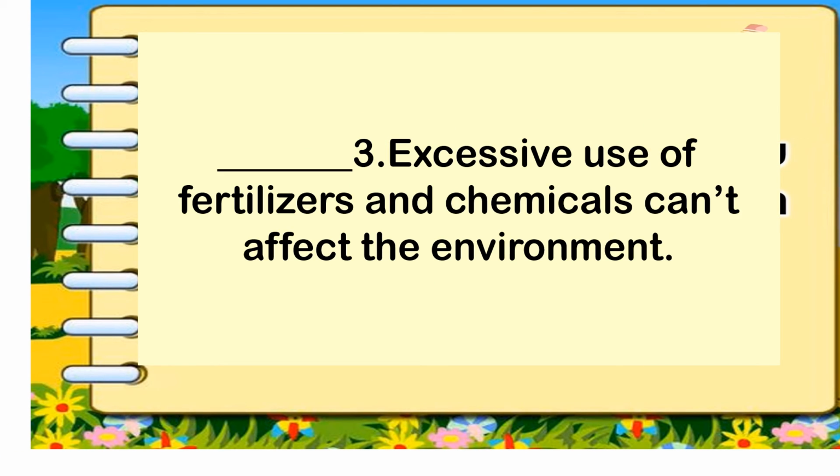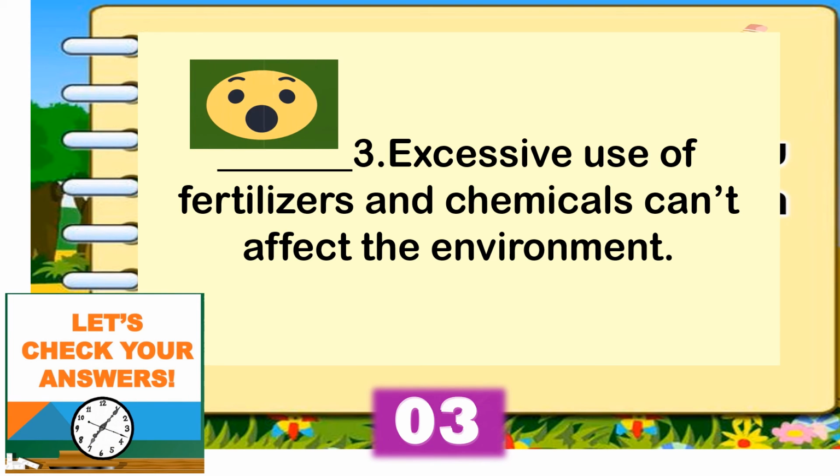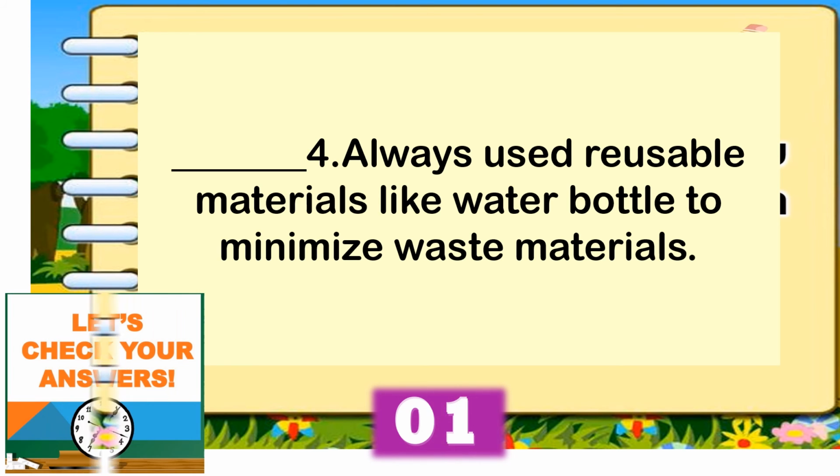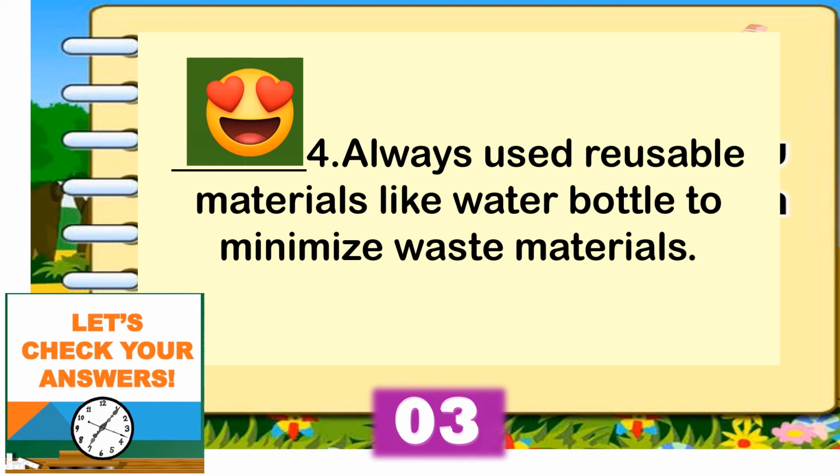Number 3, excessive use of fertilizer and chemicals can affect the environment. Okay, let's check your answer. Okay, great. 4, always use reusable materials like water bottles to minimize waste materials. Okay, let's check your answer.